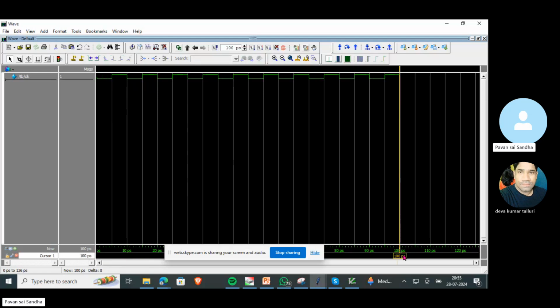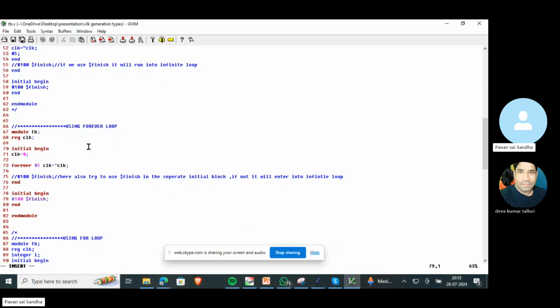At the end of 100 picoseconds, simulation is ending. Completed for forever.